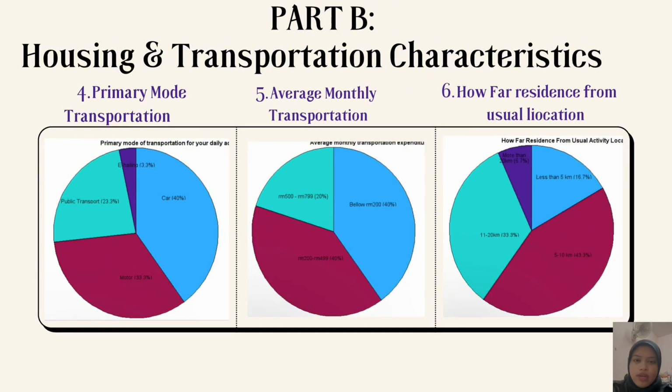And the last one is regarding distance from residence to usual activity location. 43.3% live 5 to 10 km away, 33.3% live 11 to 20 km, 16.7% live below 5 km, and 6.7% live more than 20 km. Longer commuting distance increases transportation costs and further affects affordability. Collectively, these findings confirm a strong relationship between housing location, transportation factors, and housing affordability, fulfilling Objective 2.